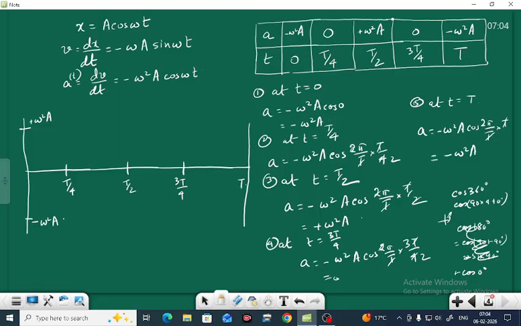The first point at 0 is minus omega square a. The second point, T by 4, is 0. The third point, at T by 2, is plus omega square a. At 3T by 4 it is 0, and at T it is minus omega square a. So if we draw the graph, we'll find it like this.